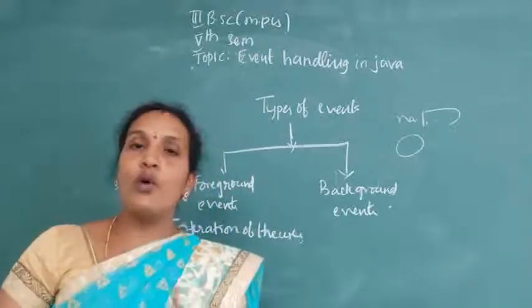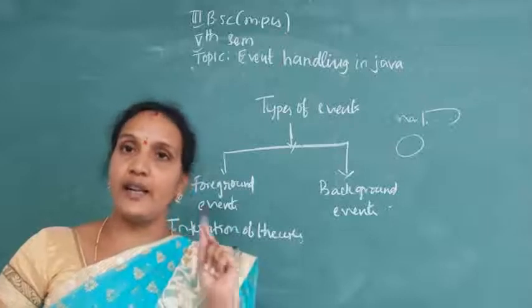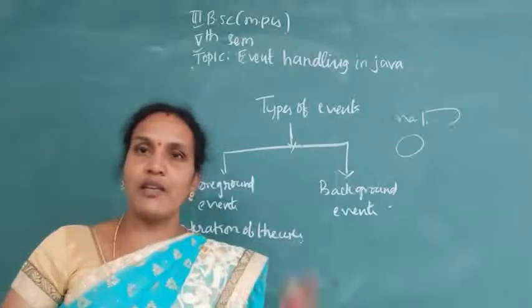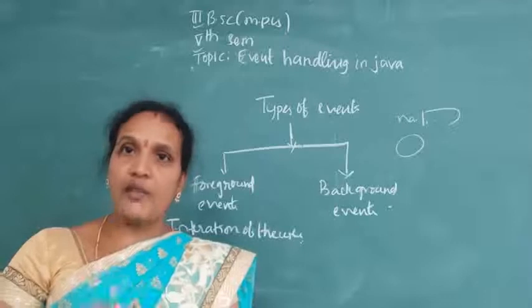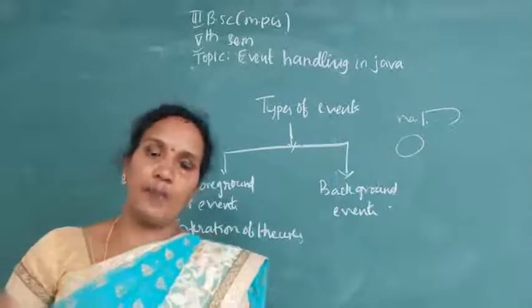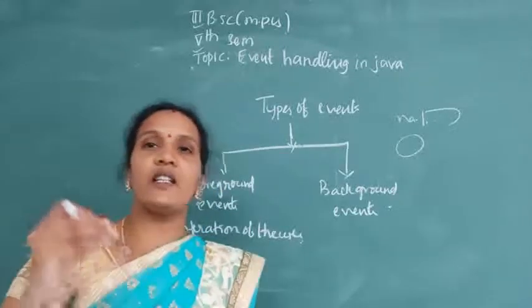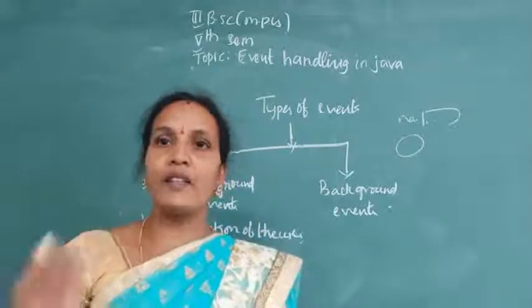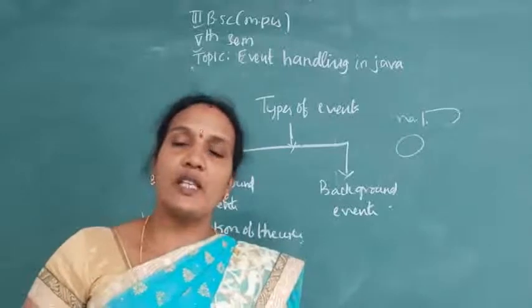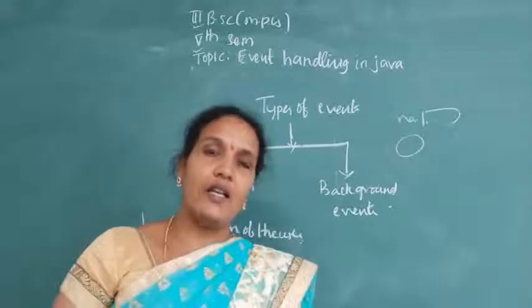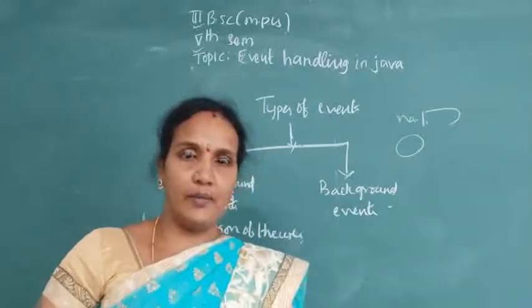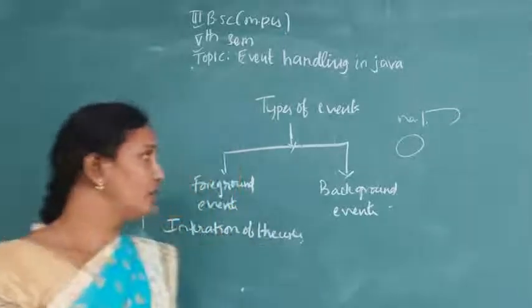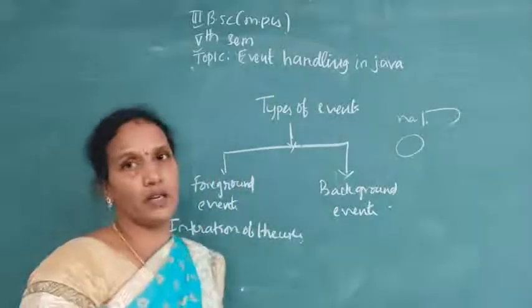The events which are directly generated with the interaction of the user. When the user interacts with the graphical user interface, the screen, or the form, at that time some events are generated. Those events are called foreground events. Understood?